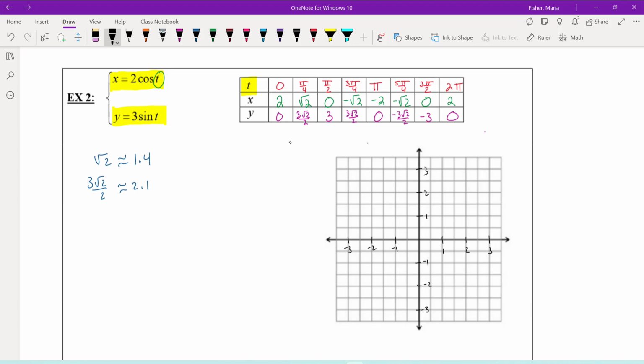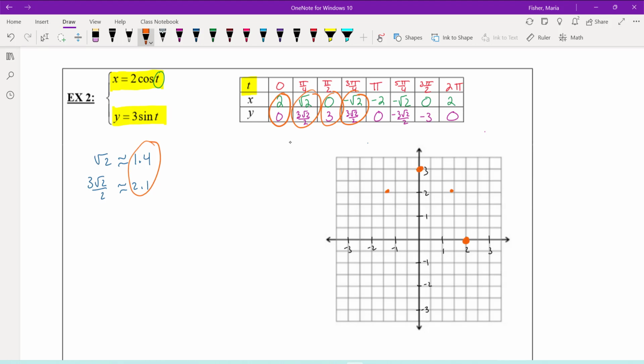So let's graph the first ordered pair. The point 2, 0 is right here. Then the square root of 2, 3 root 2 over 2, that's going to be 1.4 comma 2.1. So 1.4 is about here, and then 2.1 would be right there. And then 0, 3, and that's going to be negative 1.4 and about 2.1, so negative 1.4 and about 2.1 is about there.